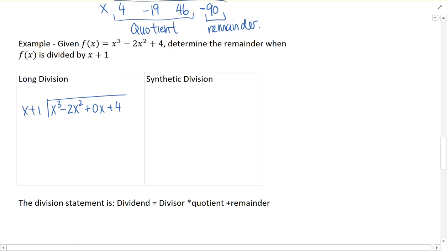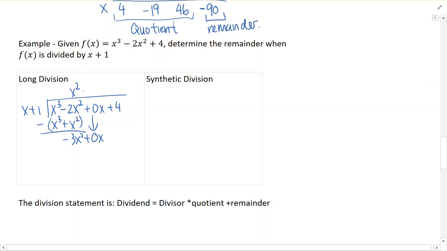Okay. So x will go in, we'll multiply x times x plus 1 to get x cubed plus x squared. Subtract this, that'll be negative 3x squared. Bring down the 0x.